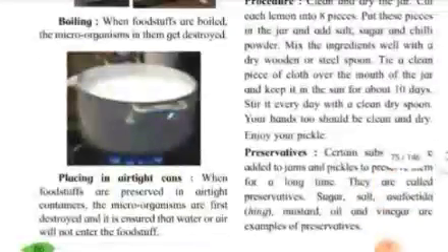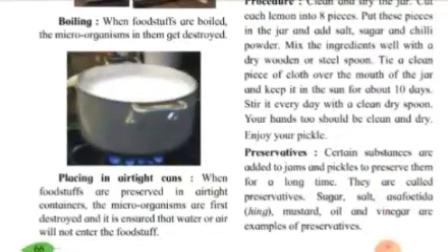And next is preservatives. Preservatives means those substances which are added to jams or pickles to preserve them for a long time. So these are called preservatives. And what are the different types of preservatives? What are these certain substances?